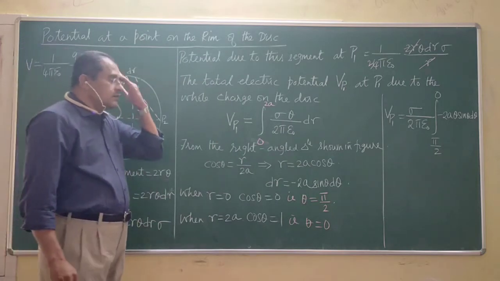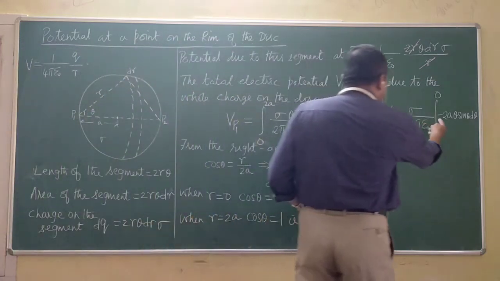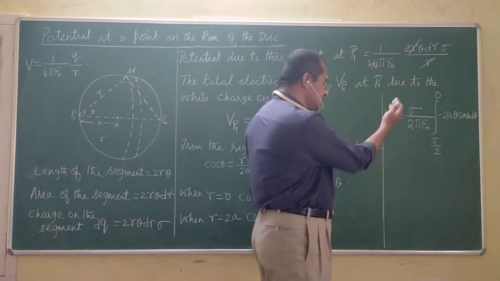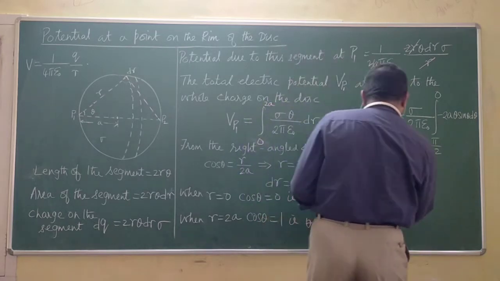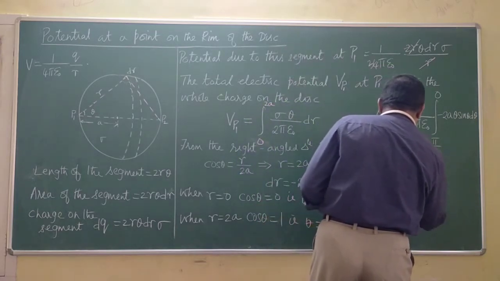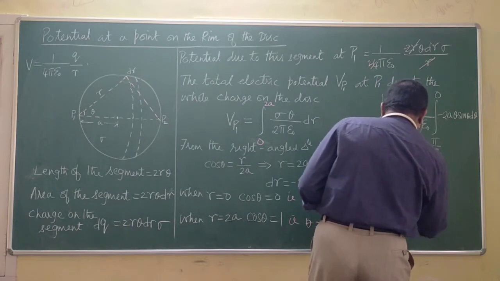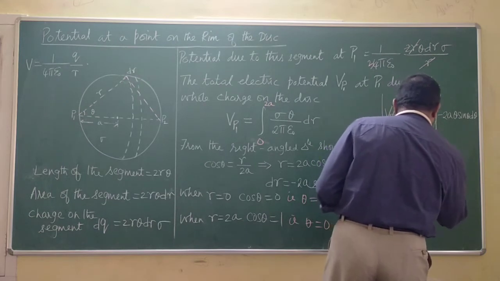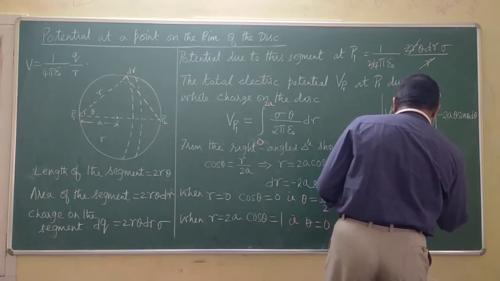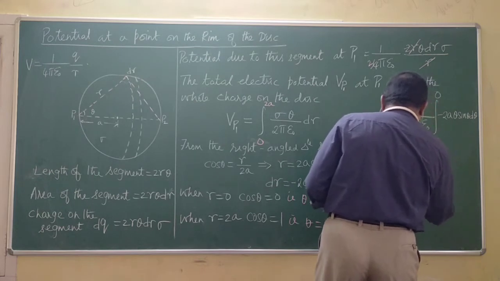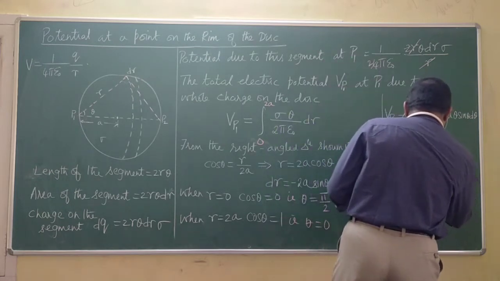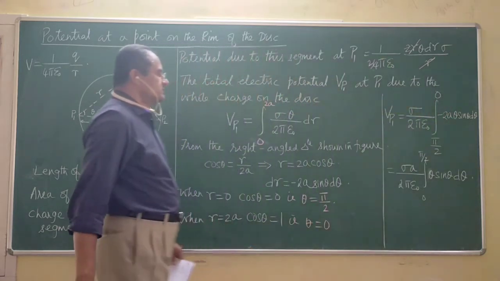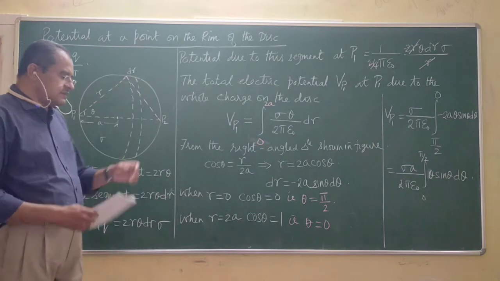Now, I can take this minus sign out. In order to eliminate that minus sign, I will change the limits. Therefore, this becomes sigma by 2 pi epsilon naught integral 0 to pi by 2, and a also I will take out as a constant, theta sin theta d theta. So Vp1 is taking this form.